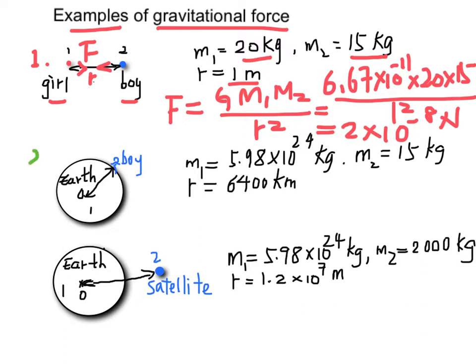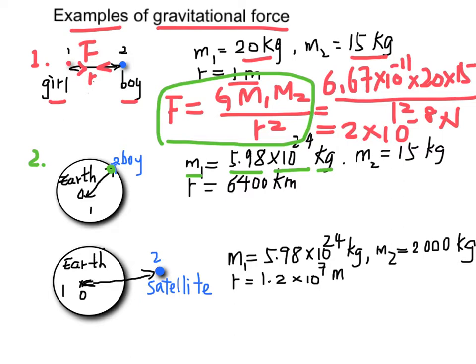For the second case, let's consider the gravitational force on a boy on the Earth's surface. By using the equation F equal to G m1 m2 over r squared, the mass of the Earth is 5.98 times 10 to the power 24 kilograms.